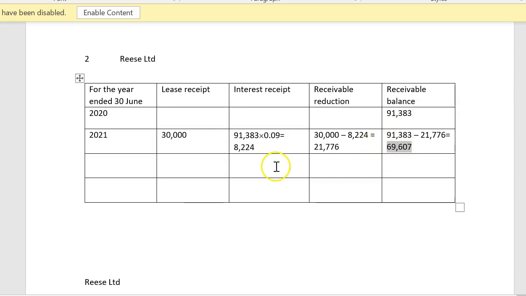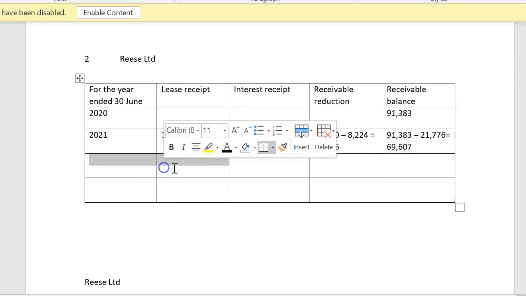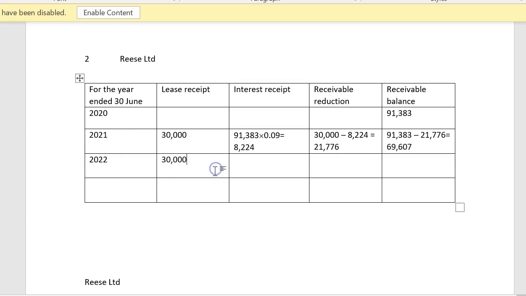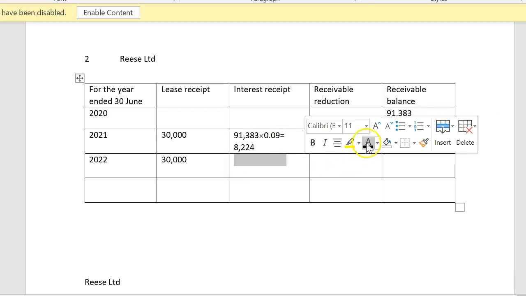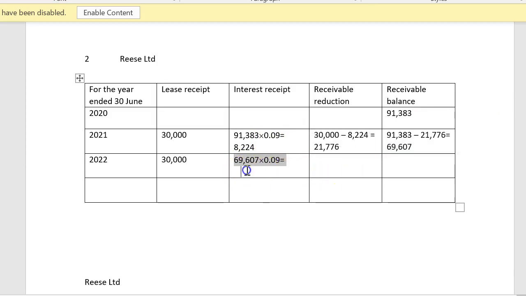That's what you get. All right, for the year ended 30th of June 2022, lease receipt is 30,000. What's the interest receipt? You take this balance, receivable balance, and you multiply by 9%.